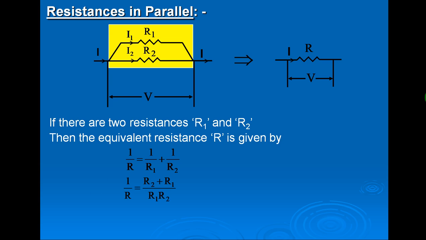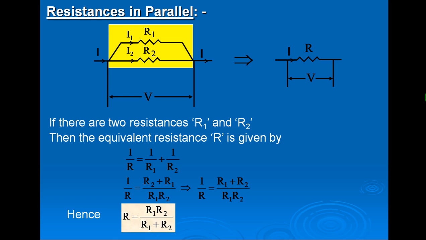We get 1 upon R is equal to R2 plus R1 upon R1 R2, which implies 1 upon R is equal to R1 plus R2 upon R1 into R2, as R2 plus R1 is equal to R1 plus R2. Hence, R is equal to R1 R2 upon R1 plus R2.